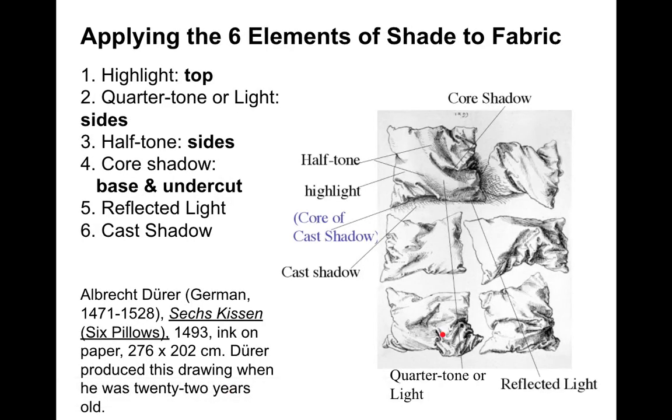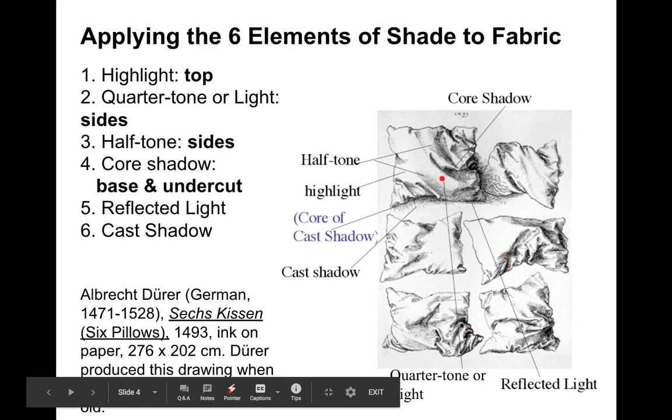The 6 elements of shadow can be applied to this as well. This is an Albrecht Dürer example of some pillows. You can see highlight is the lightest area where it's white.